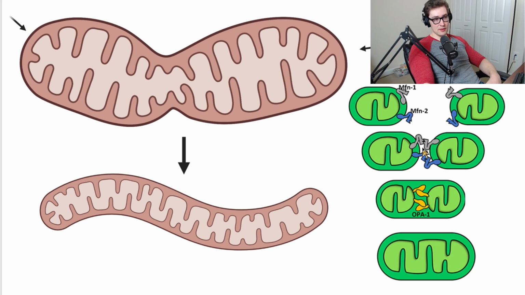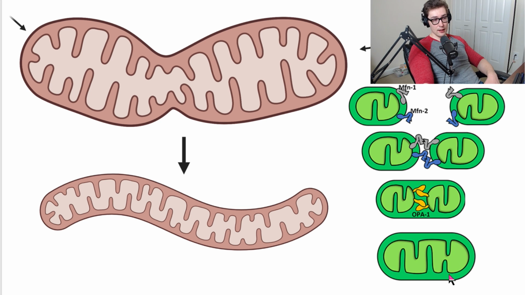Once that happens, the two outer membranes fuse together, and then you still have the inner membrane that's still part of the individual mitochondrion. On that inner membrane, which is here, you have these OPA proteins. These OPA proteins entangle or connect with one another, kind of doing a handshake together, and pull each other in, which leads to the fusion of the inner membrane.